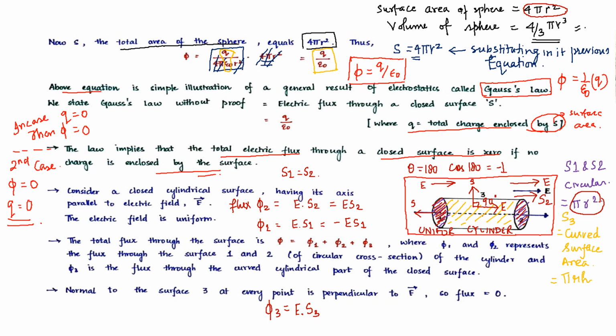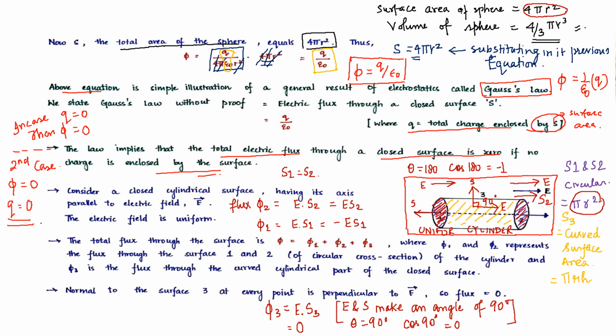It is 90 degrees. Therefore theta equals 90 degrees. The dot product is defined by cos, hence cos 90 is 0. So 0 multiplied by anything gives us a value of 0.